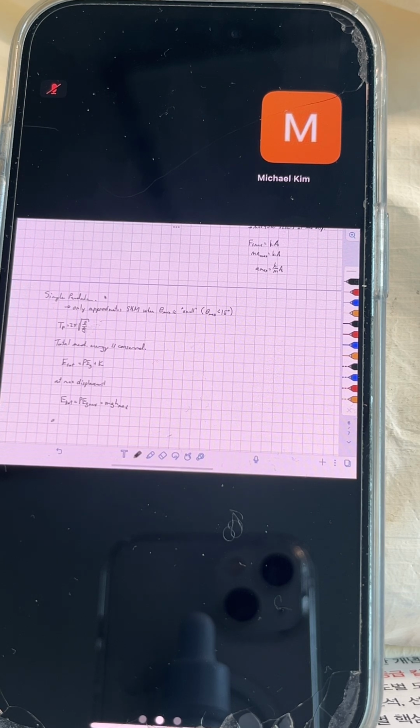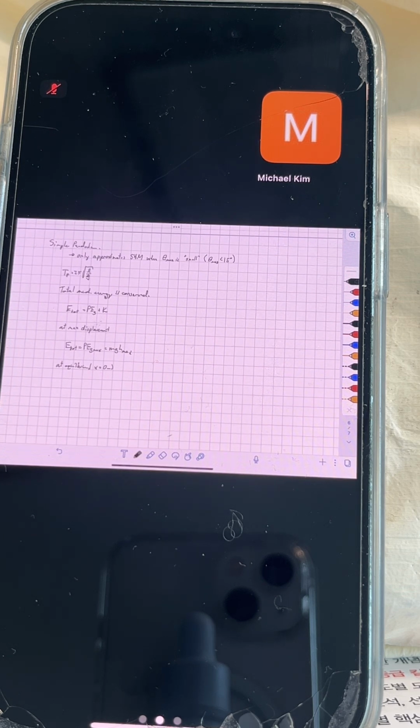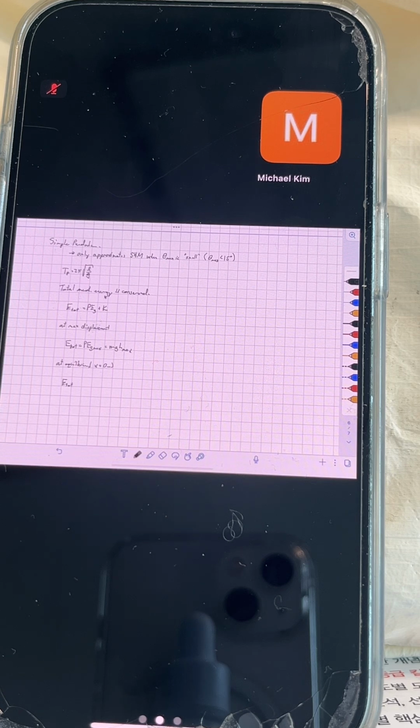And then at equilibrium, right, or basically x is equal to 0, we know then that our total here is equal to K max. This is just 1/2 m v max.